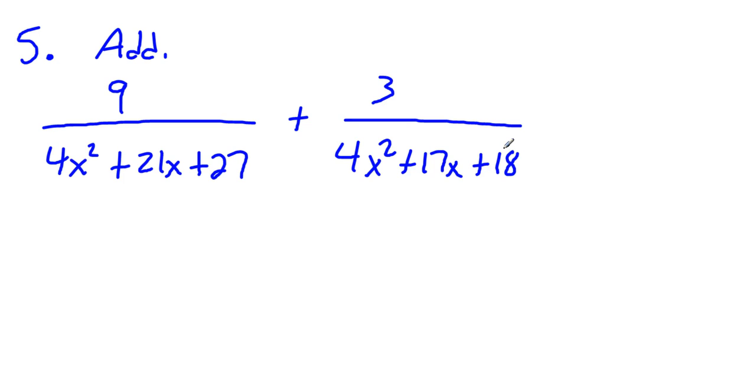This time we're adding instead of subtracting, but it's still the same thing. You have to find the least common denominator. Now, the biggest difference on this one is your least common denominator doesn't quite jump out at you because you've got two separate things. And before you find the least common denominator of this one, you want to factor out your two denominators.